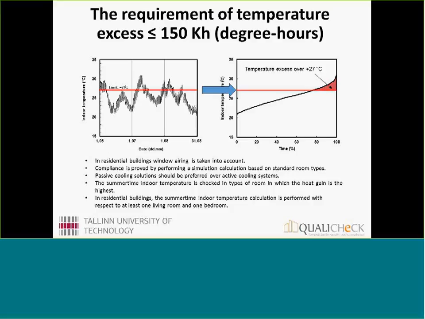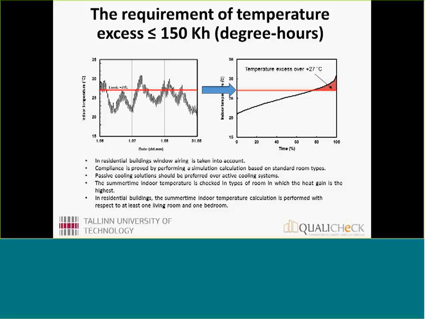When you have room temperature during 3 months on the left graph, and as it is all the time fluctuating, then you can make a duration curve, and what you are interested in is the excess over the 27. So this is basically the area marked with red in that right graph.